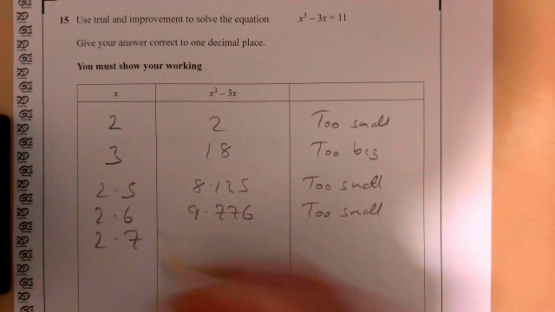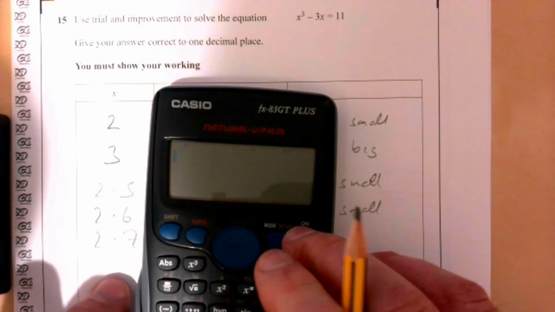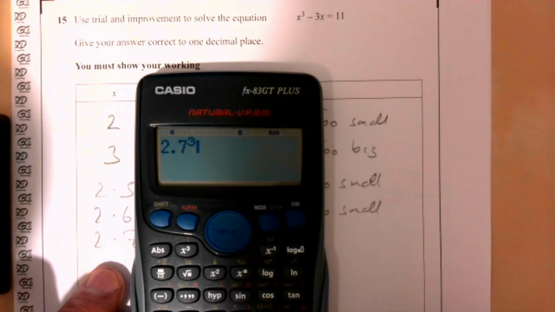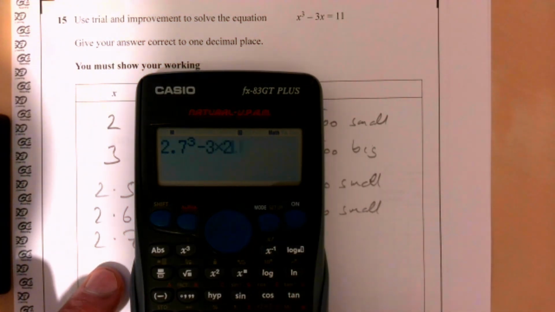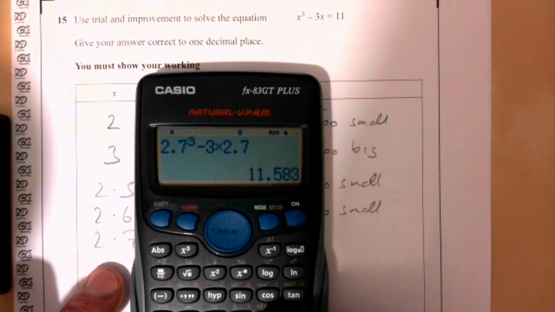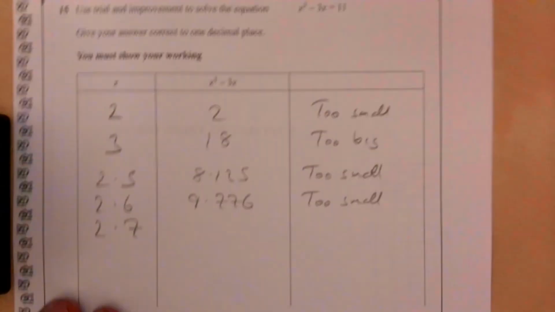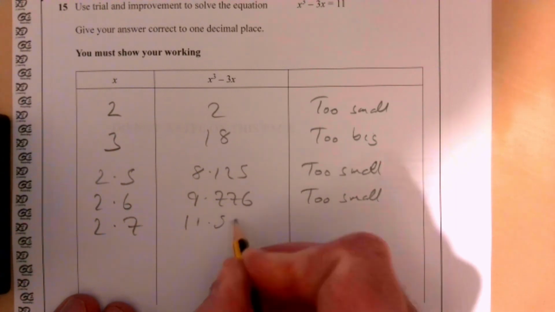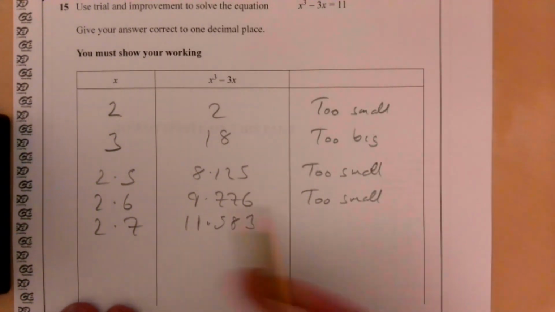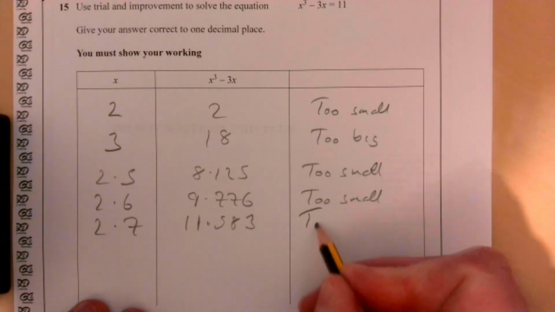Let's try 2.7. That gives 11.583. Okay. So I suspect the answer is going to be 2.7, but this isn't going to give you full marks at the minute. So this is too big.